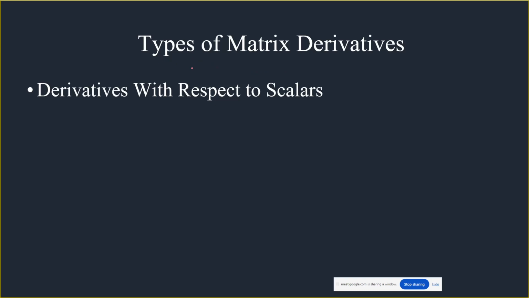Here we are looking at types of matrix derivatives. In today's session we will talk about derivatives with respect to scalars. Other than that, we have two more: derivatives with respect to vectors and derivatives with respect to matrices. Today we will do only the derivatives with respect to scalars.